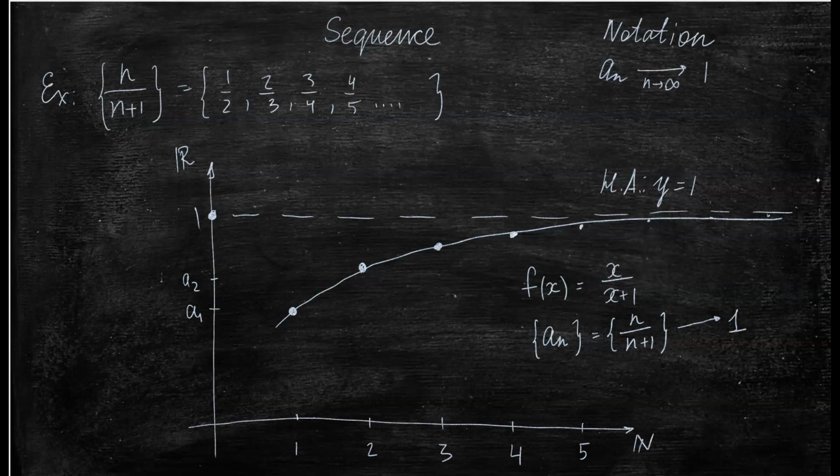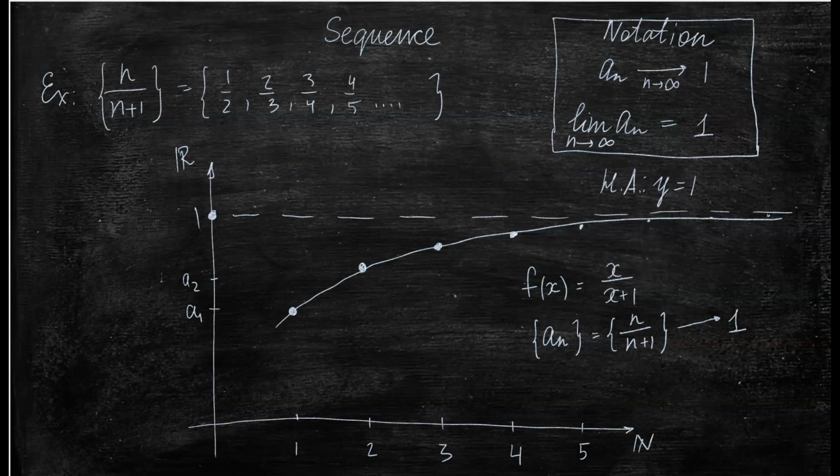Or alternatively, we can express the same fact like this: the limit of this sequence as n goes to infinity is equal to 1. So let's define what it means to have a limit more precisely.